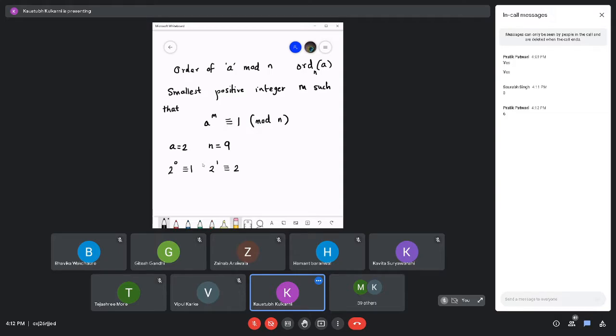So I'm directly writing, this is mod 9. 2 raised to 1 is 2 mod 9. 2 raised to 2 is 4 mod 9. 2 raised to 3 is 8 mod 9. 2 raised to 4 is 7. 2 raised to 5 is 5 mod 9.